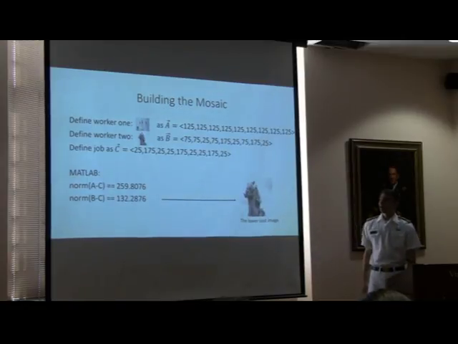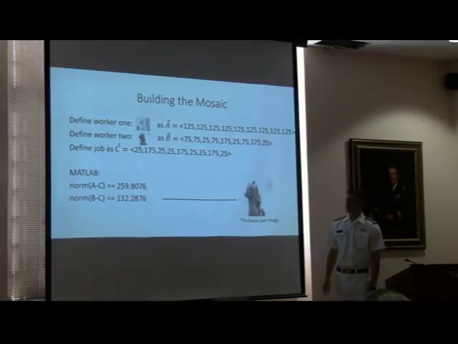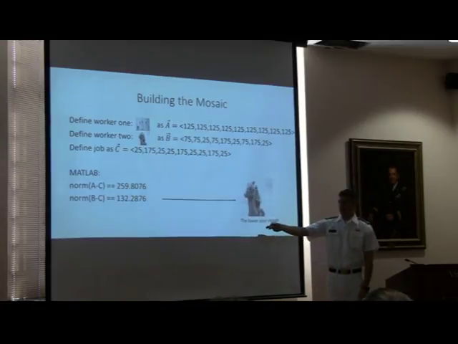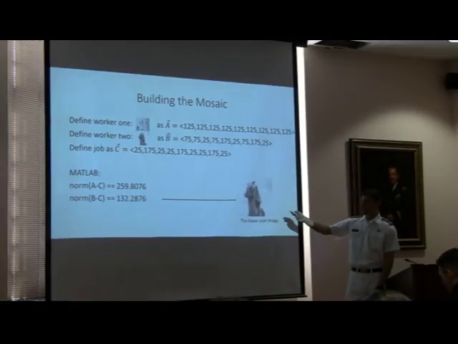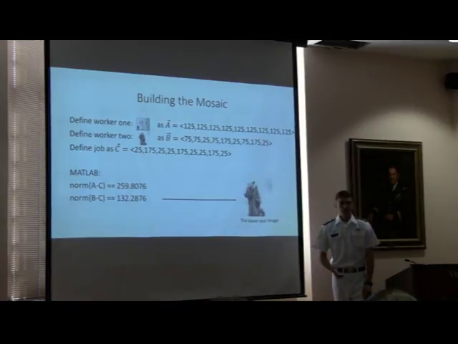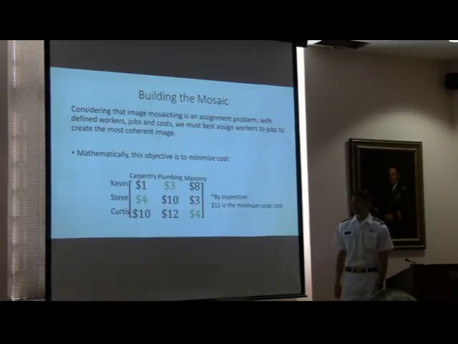So if we define worker 1 as vector A with that information we got from the sub-analysis, and worker 2 as vector B in the same manner, we take the norms of their differences with C, which is that job vector, we find that mathematically the tauntaun picture is the better image. So we can automate that process that we did heuristically so we can make large pictures fast.